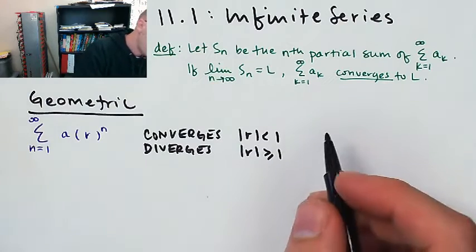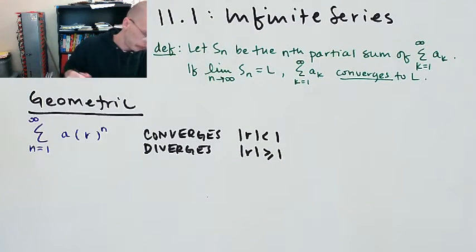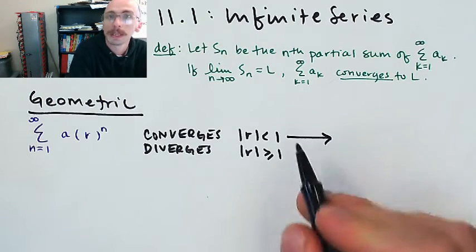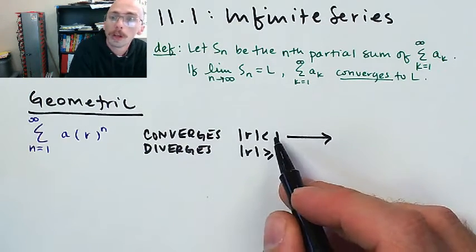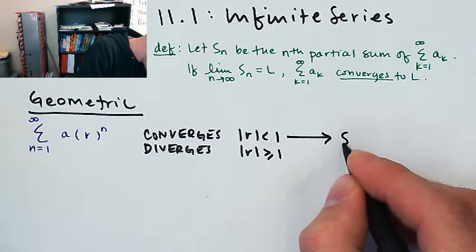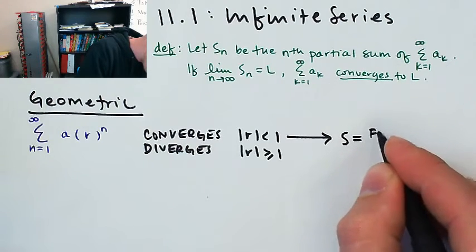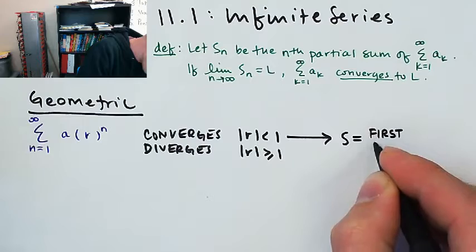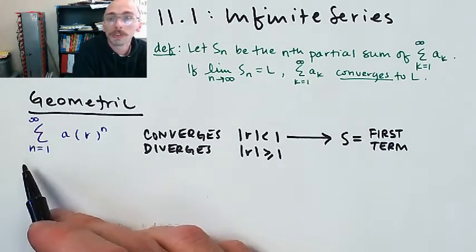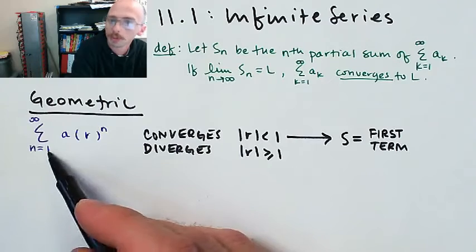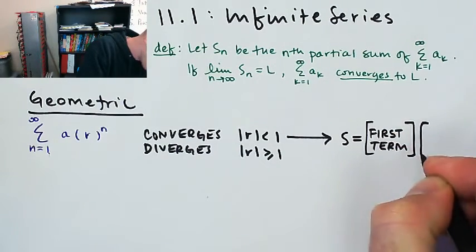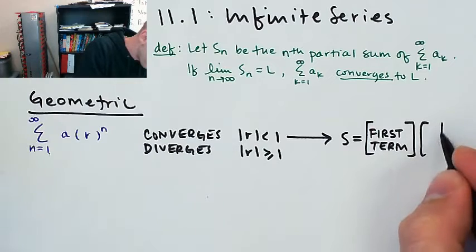And if the series converges, because the absolute value of r is less than 1, well, then the total it adds up to is given by the first term, whatever that is, whether we're starting at n equals 1 or n equals 0 or n equals 15. We just plug in whatever we start with to get our first term, and then we multiply by 1 over 1 minus r.